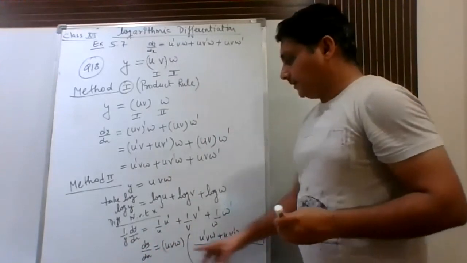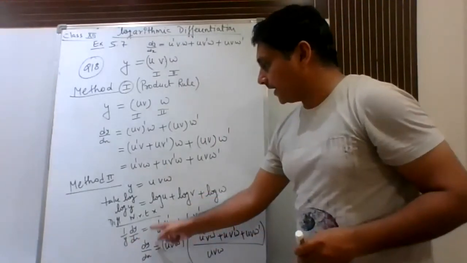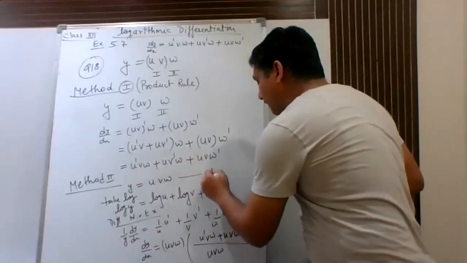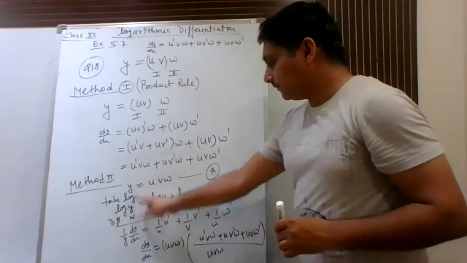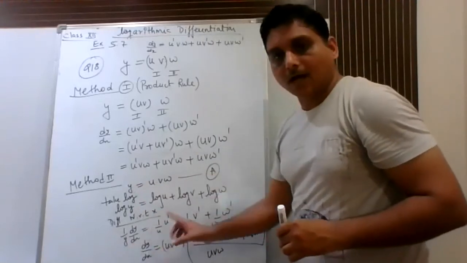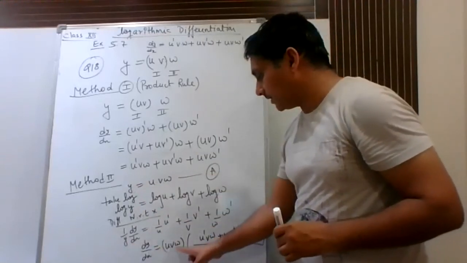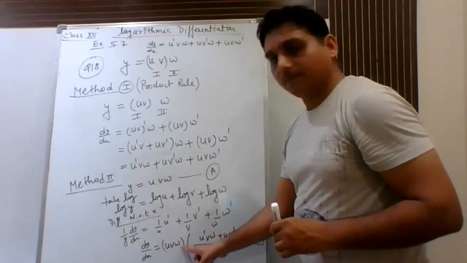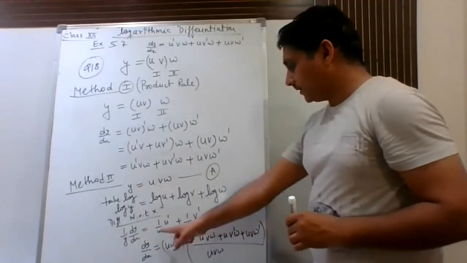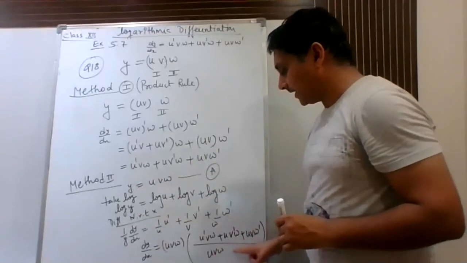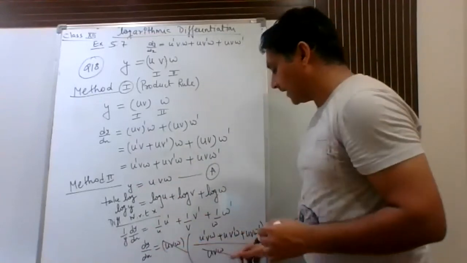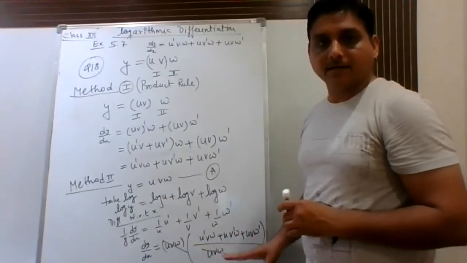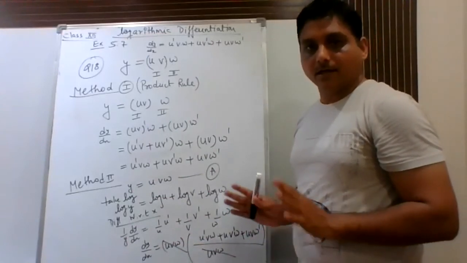See what we have done, I am cross multiplying this y and I am substituting the value of y from this. Generally we do it like this, we are cross multiplying this y. After cross multiplying, I am just substituting the value of y. Now after that, here in this, I have just taken LCM. So after taking LCM, these two terms will cancel out, and you can see that we will get the required expression.